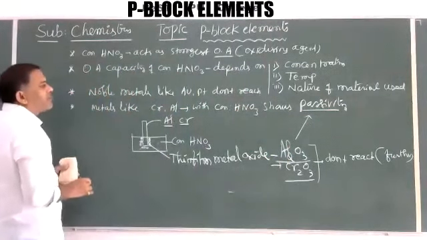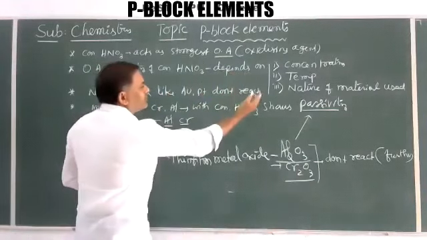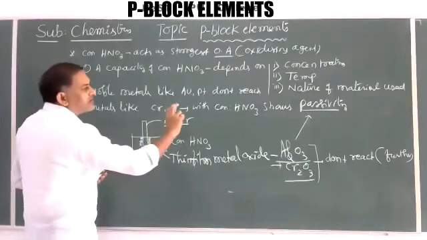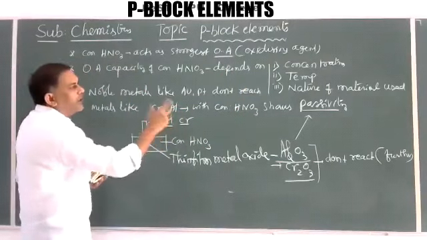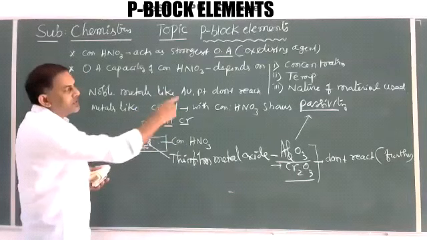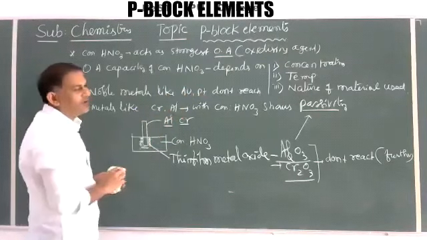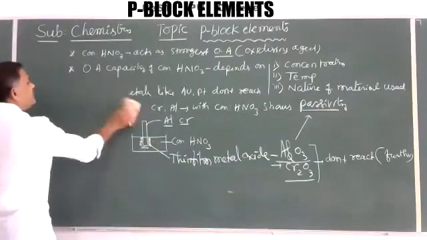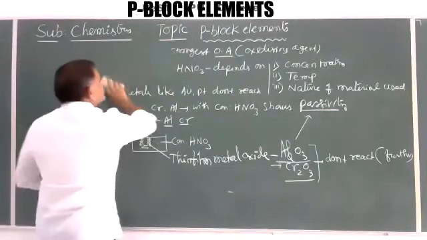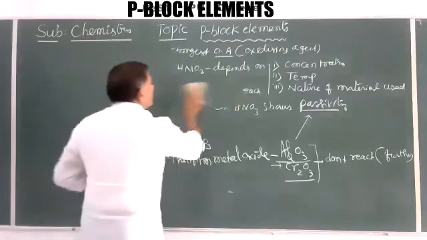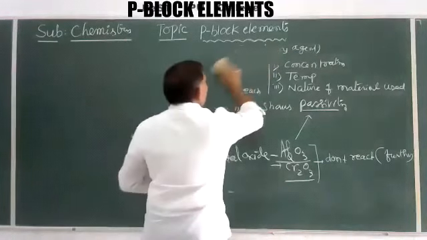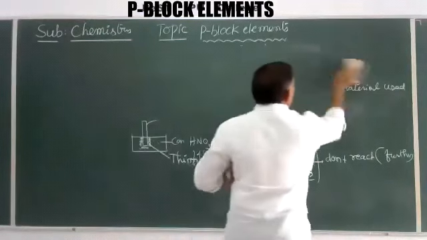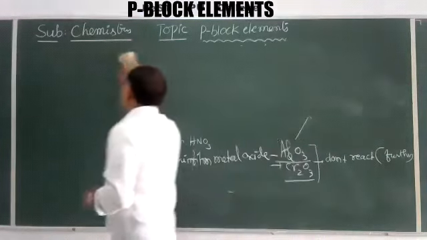But some metals, based on their concentration, temperature and the nature of the material, do react, and reacting means they give different products based on concentration, temperature, and nature of materials. Now two important chemical reactions are there: the chemical properties of concentrated HNO3 with metals and non-metals.